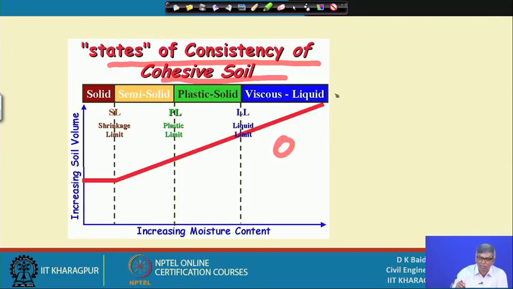And on drying, suppose the volume was initially here, on drying at this stage the volume becomes this, at this stage this, and at this stage whatever volume it reached, with further reduction of moisture there is no volume reduction. The volume is constant beyond this.